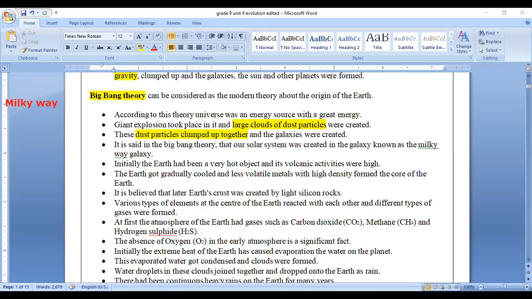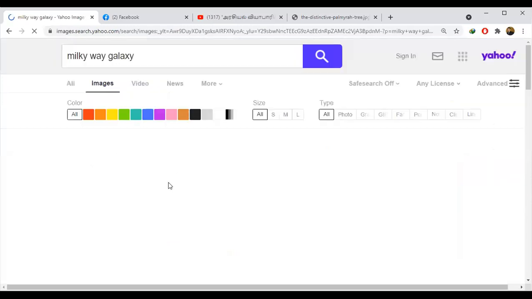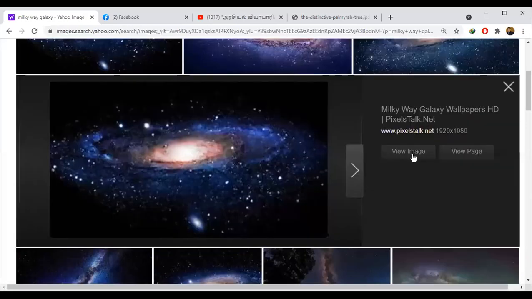The Milky Way galaxy. I will show you the Milky Way galaxy. This is the Milky Way galaxy.